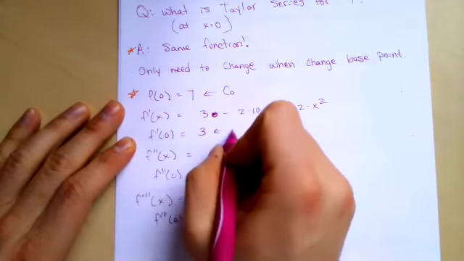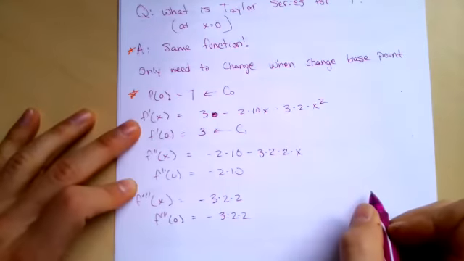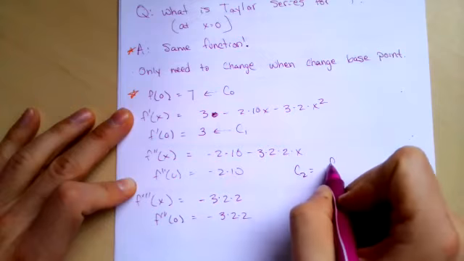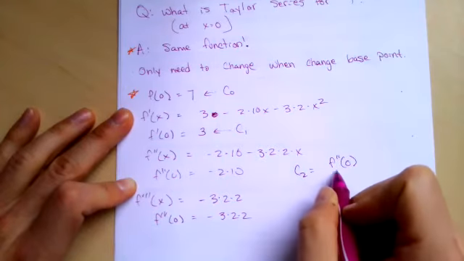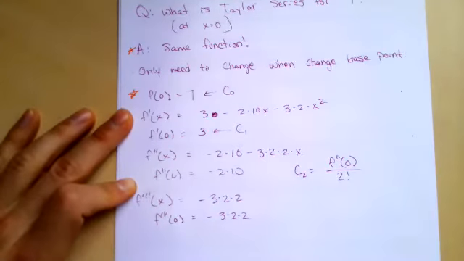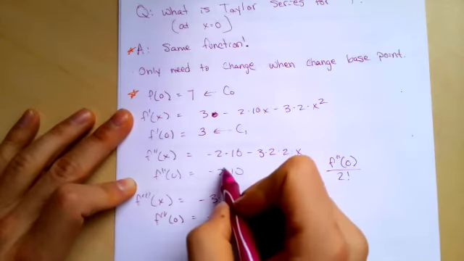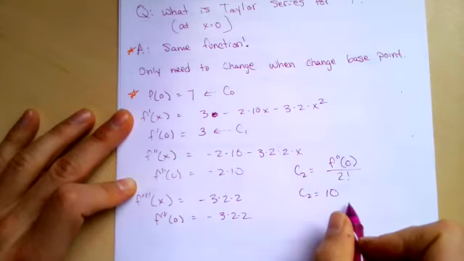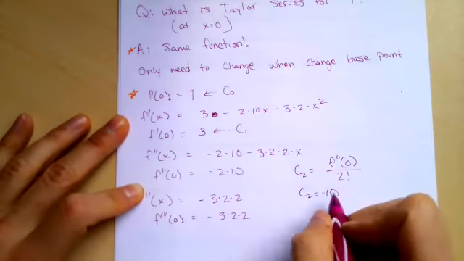This term is our C1. Our C2 is the second derivative divided by 2 factorial, or just 2. So that term's going to go away. So our C2 is negative 10.